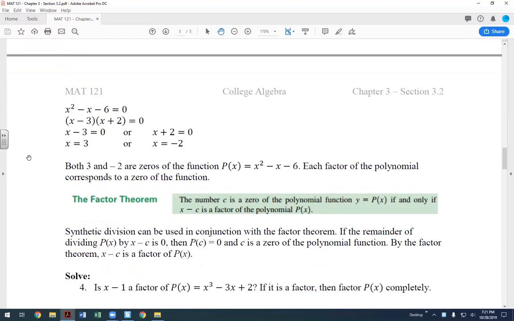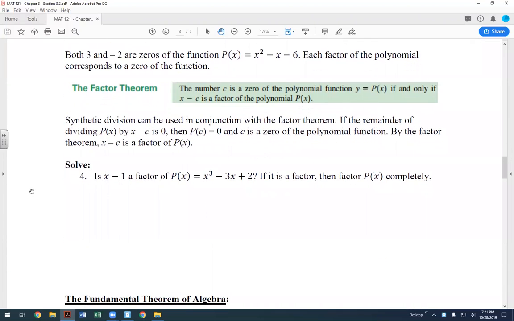So looking at this example here, is x minus 1 a factor of x cubed minus 3x plus 2? So to verify that, we will use synthetic division. But the goal this time is, if it is a factor, you should get 0 remainder. If you don't get a 0 remainder, that means it's not even a factor, which means we don't even have to worry about the factor theorem anymore.